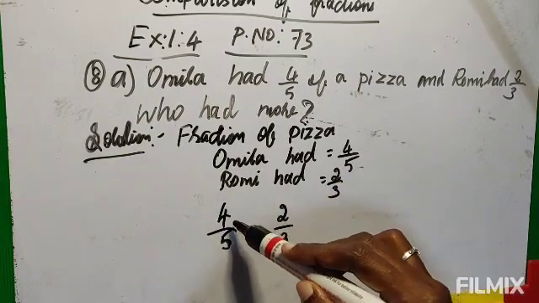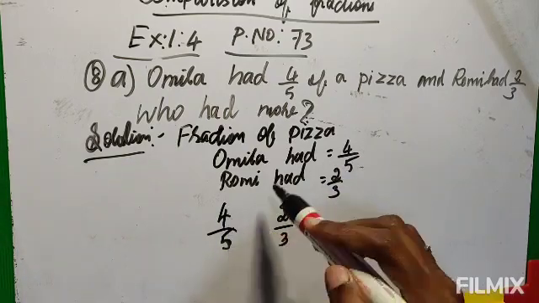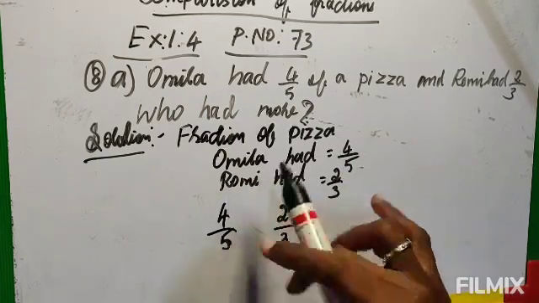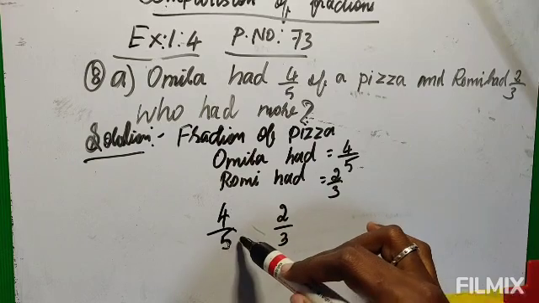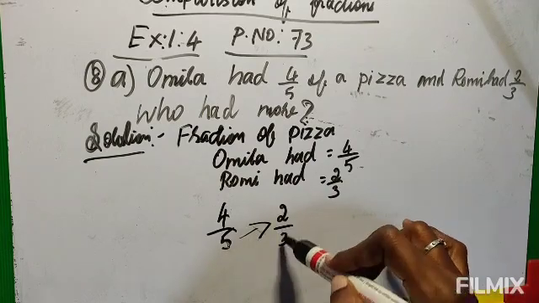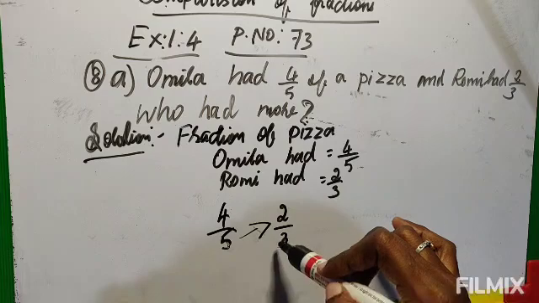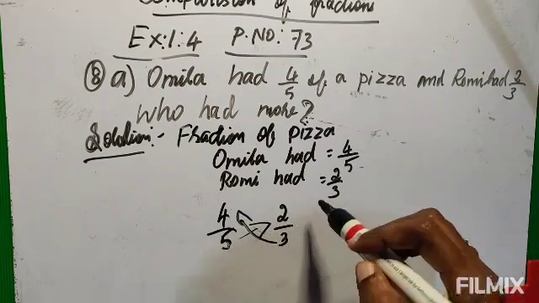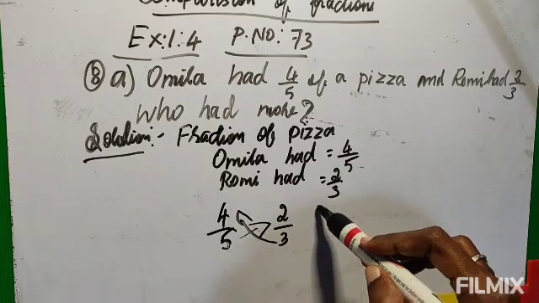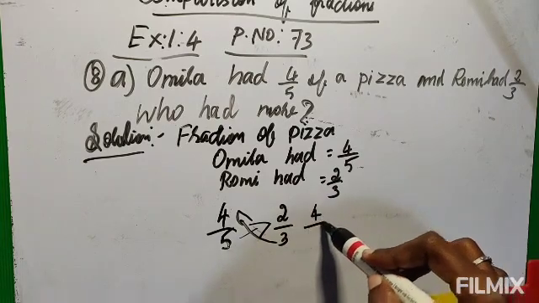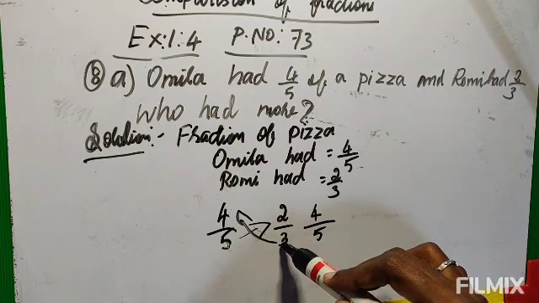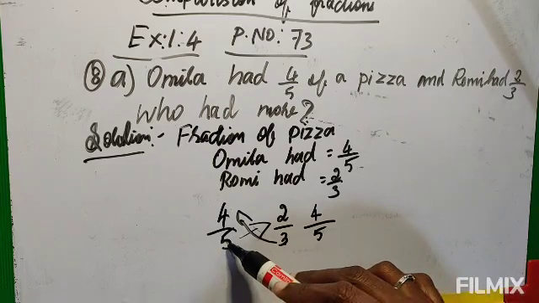See here, cross multiplication means by this denominator you have to multiply this fraction, and by this denominator you have to multiply the other fraction. So 4 by 5: by this denominator 3 you multiply this fraction.